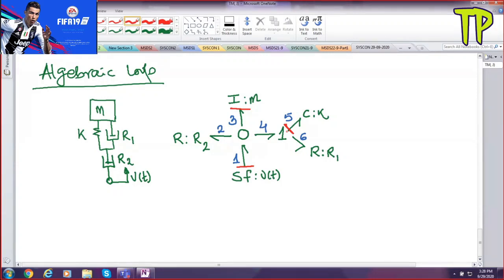That means there is a problem. There is a big problem. There is an algebraic loop or some loop. Maybe an algebraic loop, maybe a causal loop. Some loop is there. So we will see if the model gets causal after giving causalities to R elements, then it is an algebraic loop. If even after giving causality to R element it's not causal, then it is a causal loop.